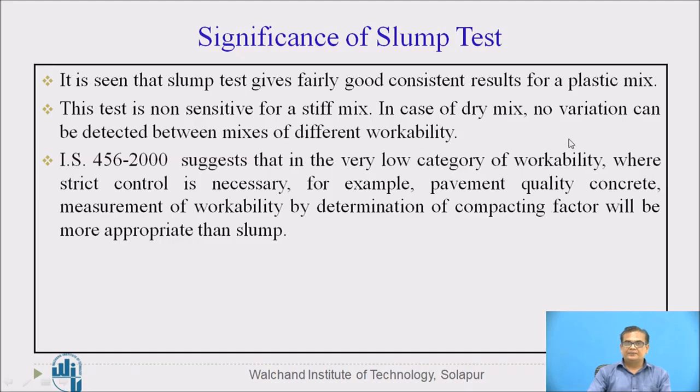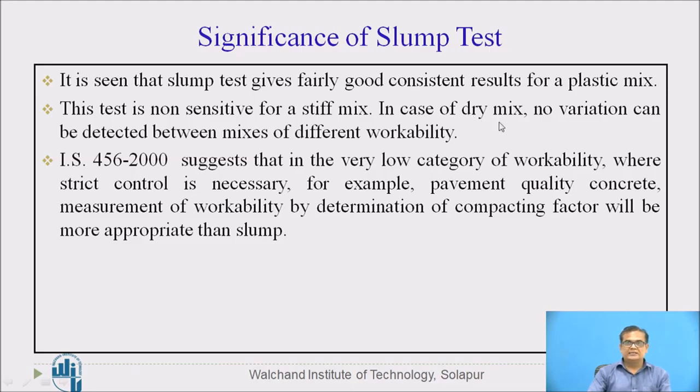Significance of this test. Remember, when the concrete mix is a plastic one, it will give a good, consistent slump value. If it is not a plastic mix or it is a stiff mix, we will find that the variation is much less or almost zero.